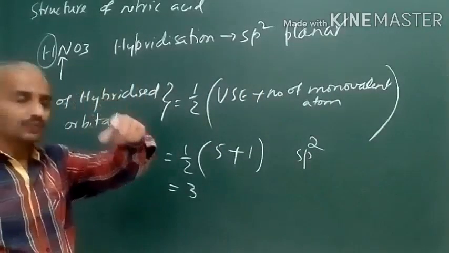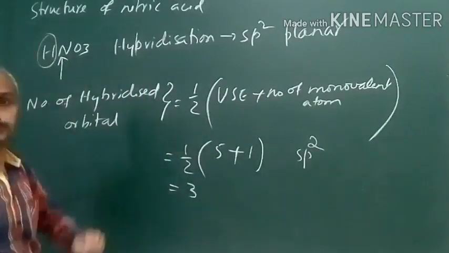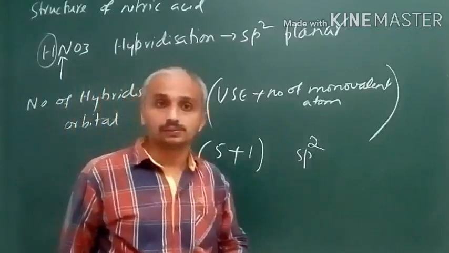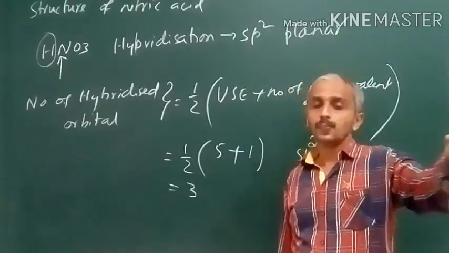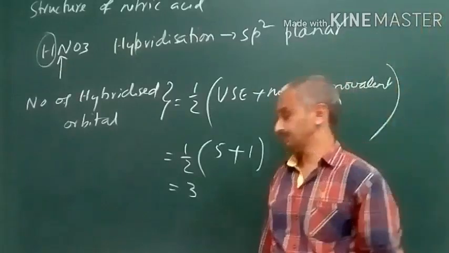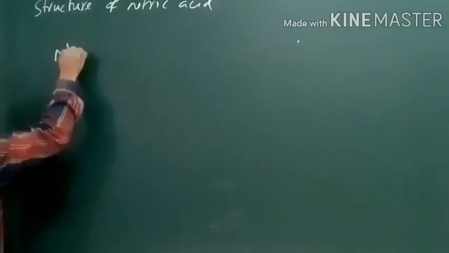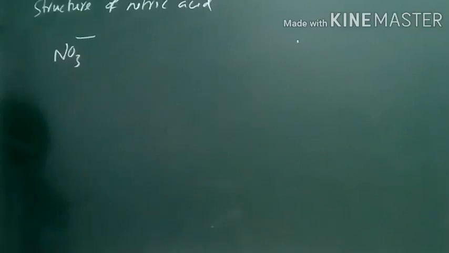This holds for HNO2 also, because there also the number of monovalent atoms is only one. We can ask the same for the NO3 minus ion, the nitrate ion.